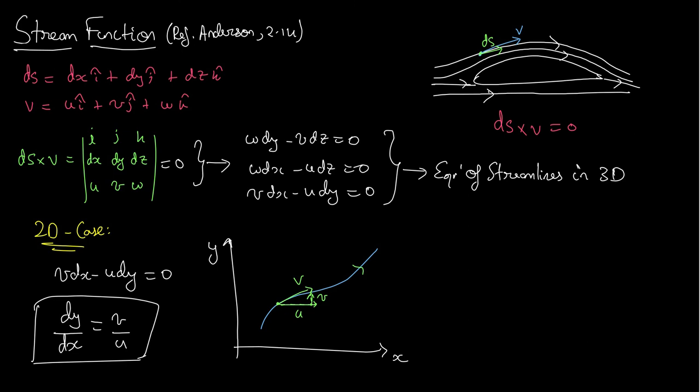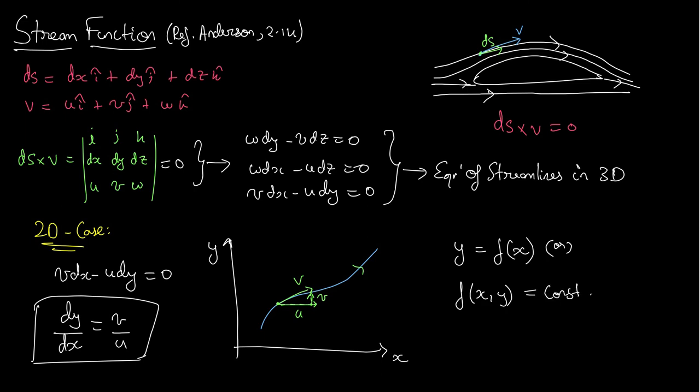Now that we have the equation for the streamline, that is dy by dx is v by u, we can write this in a better form. For example, I can integrate it and write y equals f of x, or I can write it as a function f of x comma y equals a constant.